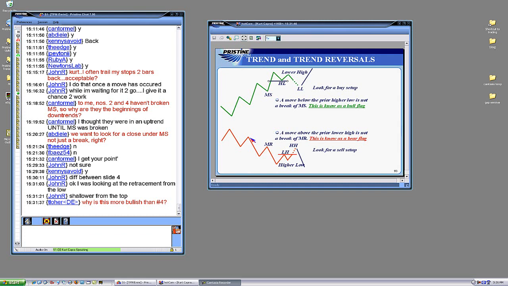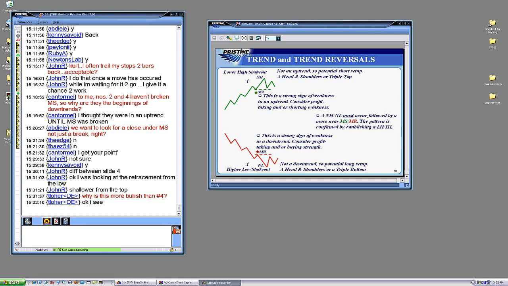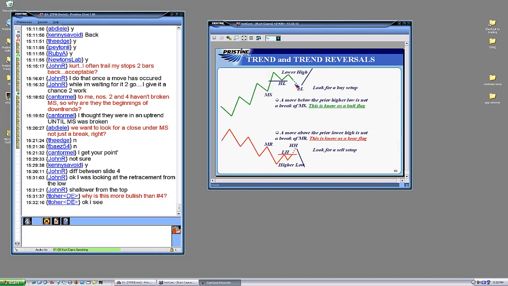Why is this more bullish than 4? Well, because this one, on the first pullback here, doesn't penetrate as deeply into major support. Right? Look at number 4 here. Look at how deep this retracement is on the first pullback. That's why it's more bullish. The angle of retracement here is much more controlled.